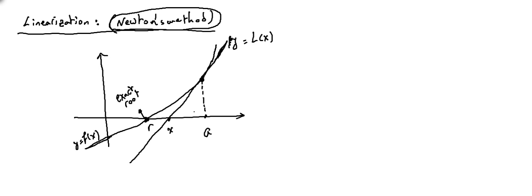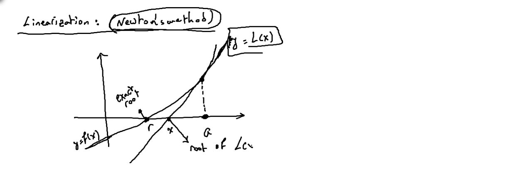Newton's method will minimize this error as we go further, to 1 decimal place, 2, 3, 4. If we guess this point first and then do a linear model at this point, we get L of x. Taking L of x equal to 0 gives me this point, which is the root of L of x.